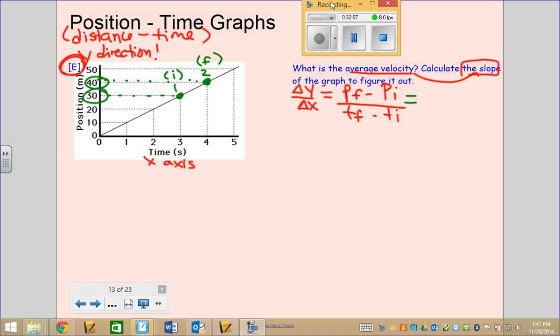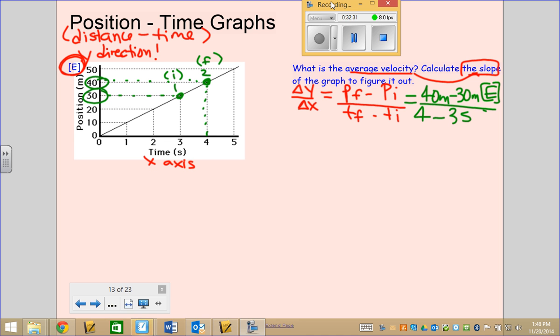my final position is 40, my initial position is 30, and I was going east, so that's my direction. If I think about my times now, my final time was 4, my initial time was 3, and there's no direction associated with time.